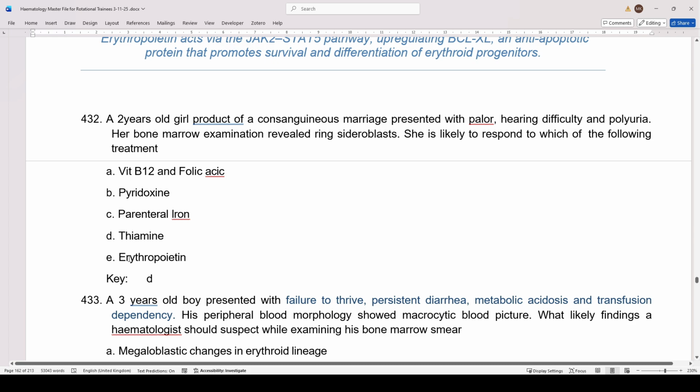Just looking into these options, it looks like a case of thiamine responsive megaloblastic anemia or Rogers syndrome, because the patient has hearing difficulty, diabetes mellitus, and ring sideroblasts. So option D is correct. It is TRMA or Rogers syndrome.